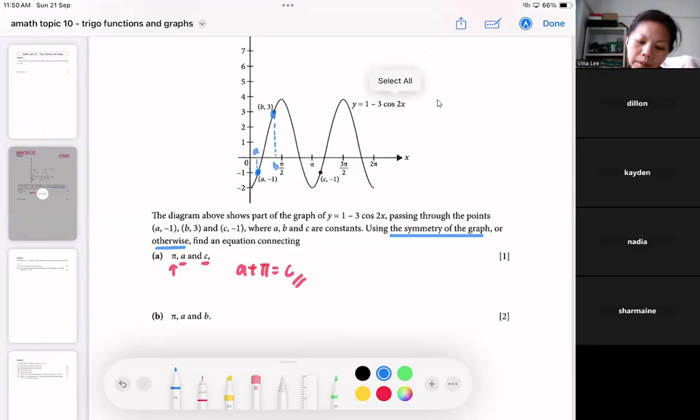I am using the midpoint idea. Because the graph is in a way symmetrical, I'm going to use the midpoint on the x-axis.